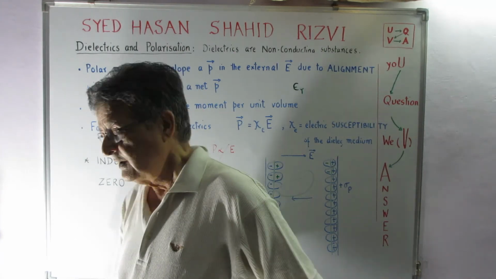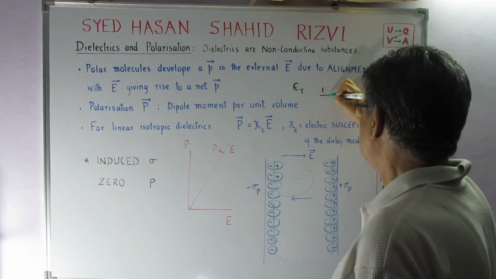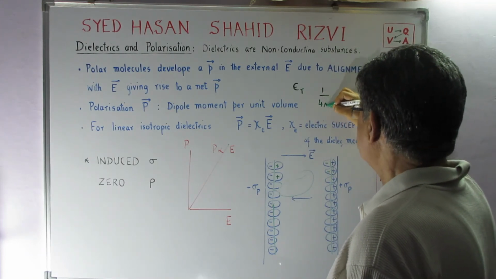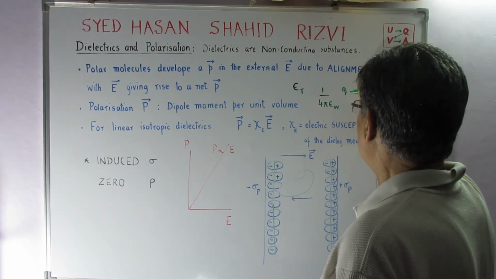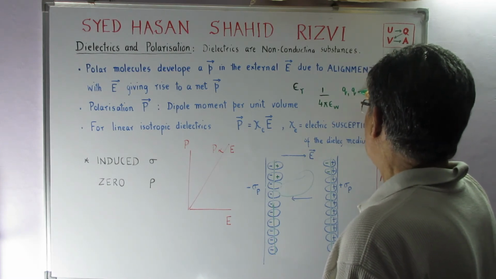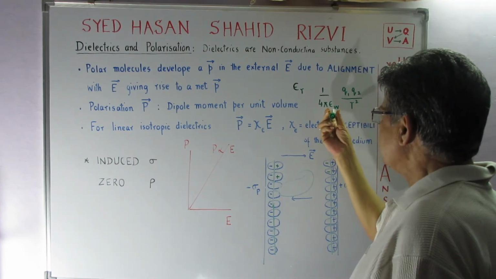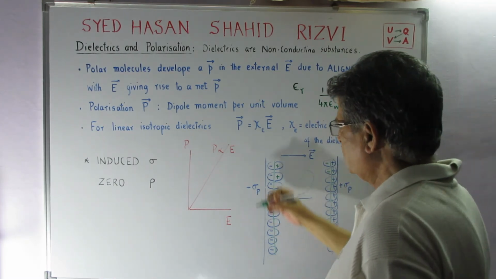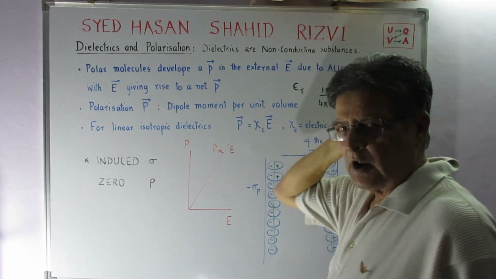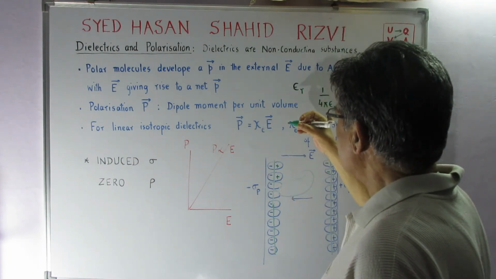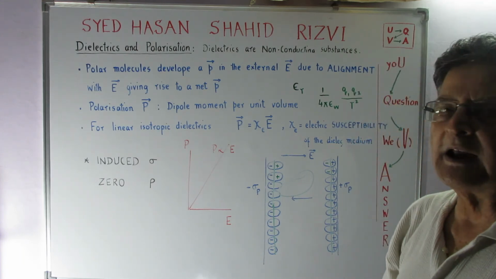So whatever force we have, like 1 upon 4 pi epsilon of water, Q1 Q2 upon r square between two charges, this force is reduced by this factor, because epsilon of water is equal to epsilon r into epsilon naught, and epsilon r in the case of water is about 81.